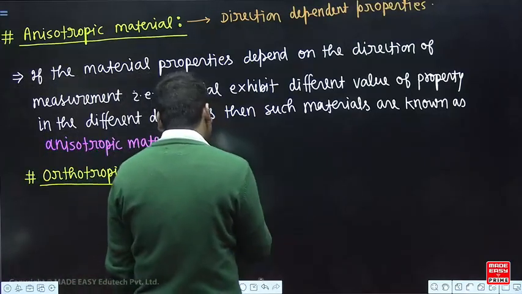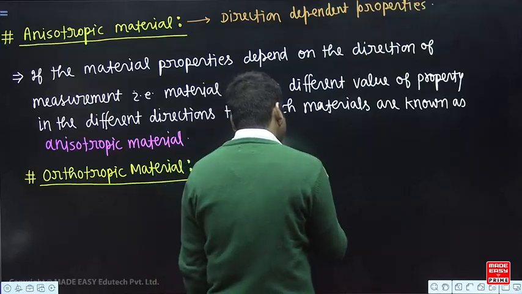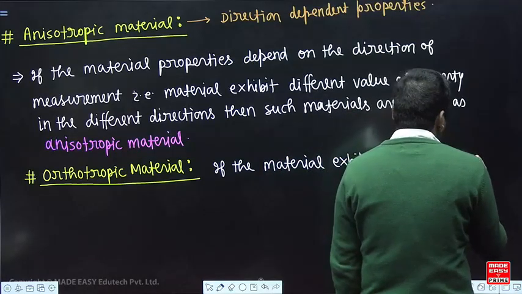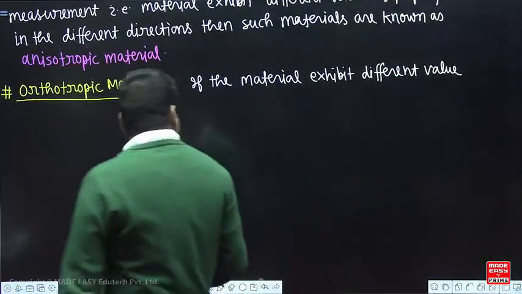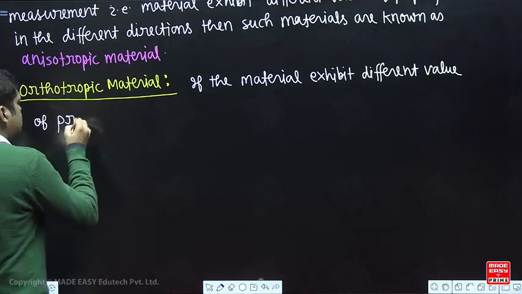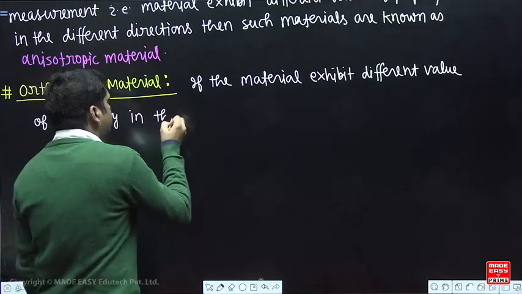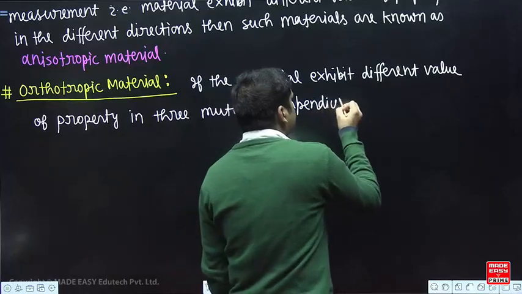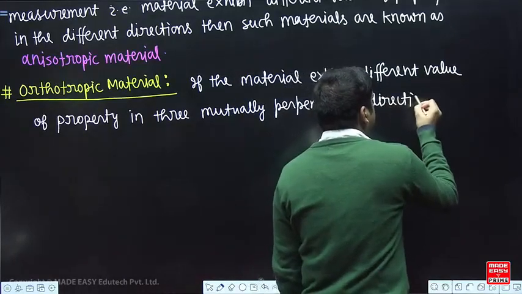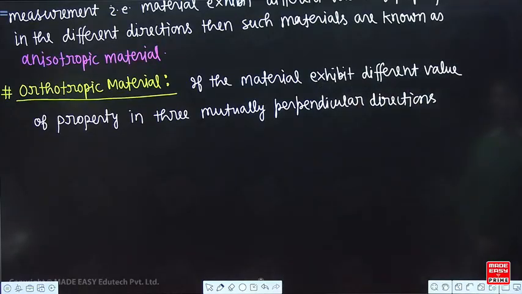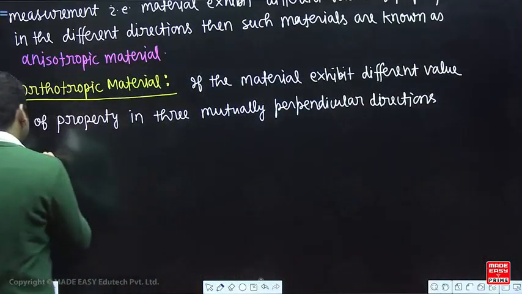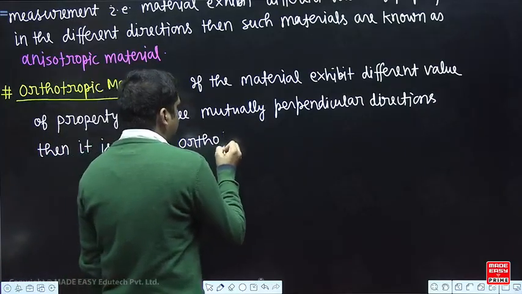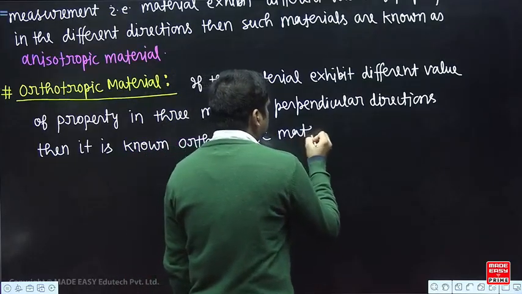If the material exhibits different value of property in three mutually perpendicular directions, then it is known as orthotropic material.